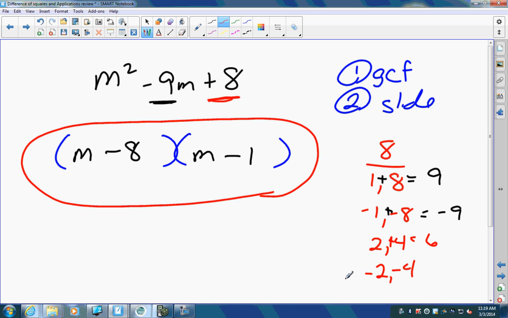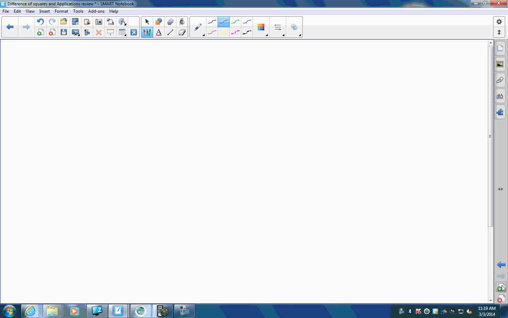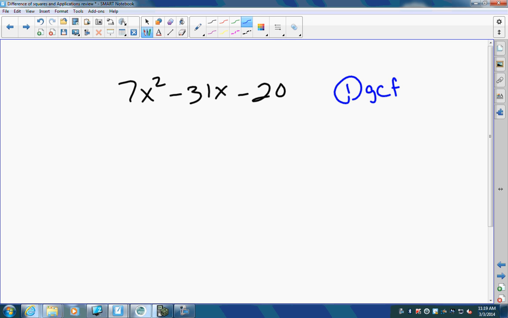Okay? All right. Here's the next one. Ready? I'm going to add in another step to do. So I have 7x squared minus 31x minus 20. All right, look at this one. First off, remember step 1 is GCF.